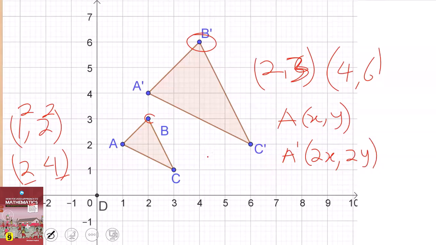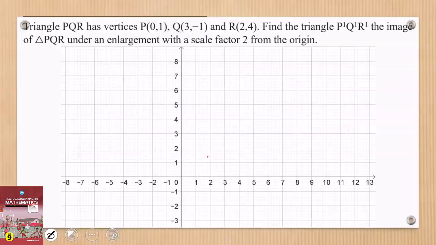Now when we have a question like this: triangle PQR has vertices P(0, 1), Q(3, -1), and R(2, 4). Find the triangle P prime Q prime R prime, the image of PQR under an enlargement with a scale factor 2 from the origin.